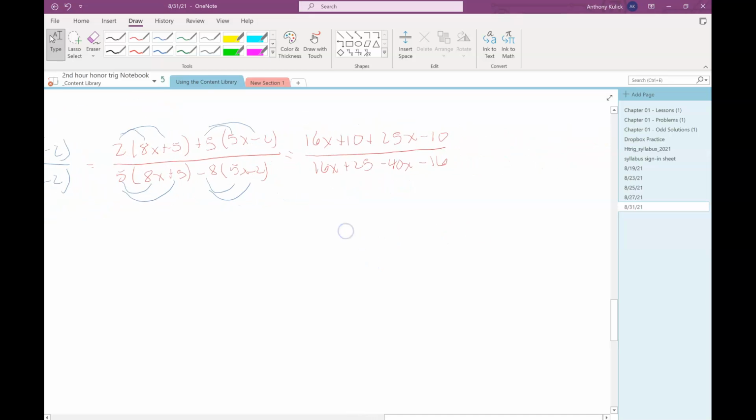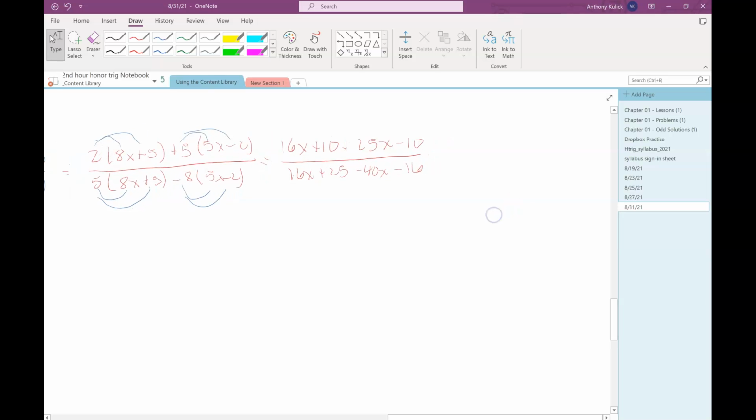Okay. That all look okay to you guys? Something isn't working out here. Let's see. So those cancel out. I'm left with 41x in the numerator. And then I combine my like terms in the denominator.